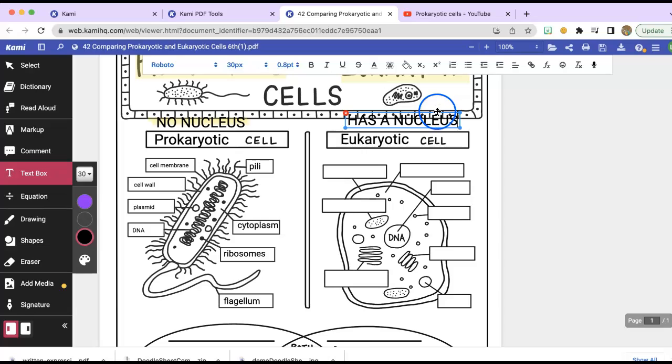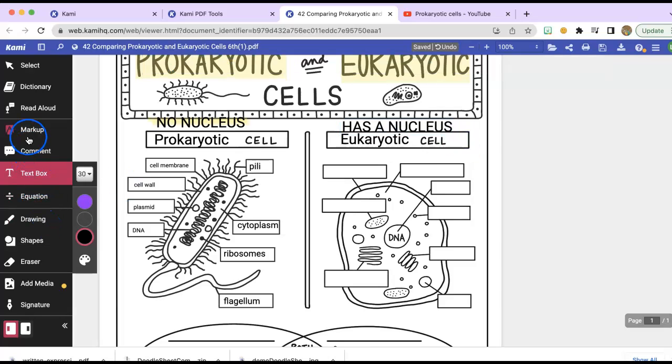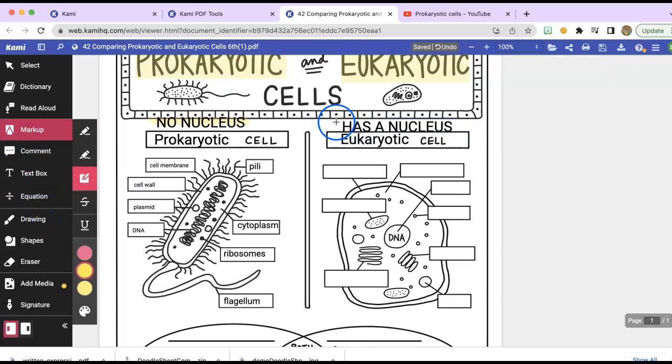Has a nucleus. You're going to have to squeeze this in, but you can do it. Has a nucleus. Grab your highlighter and make sure you've highlighted that. Hit pause if you need to get that done.